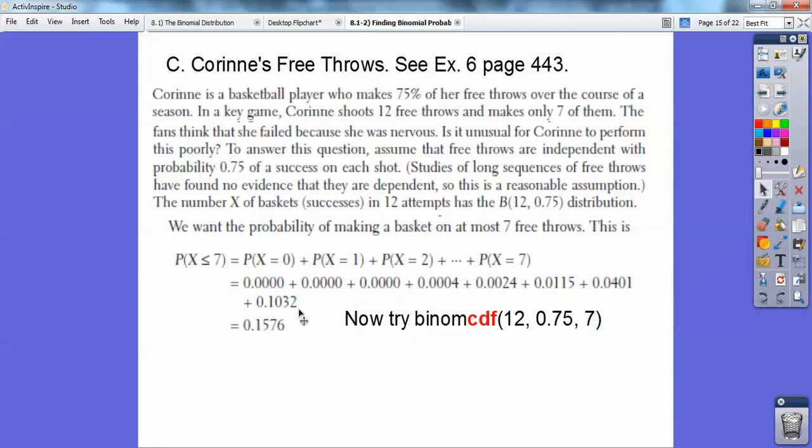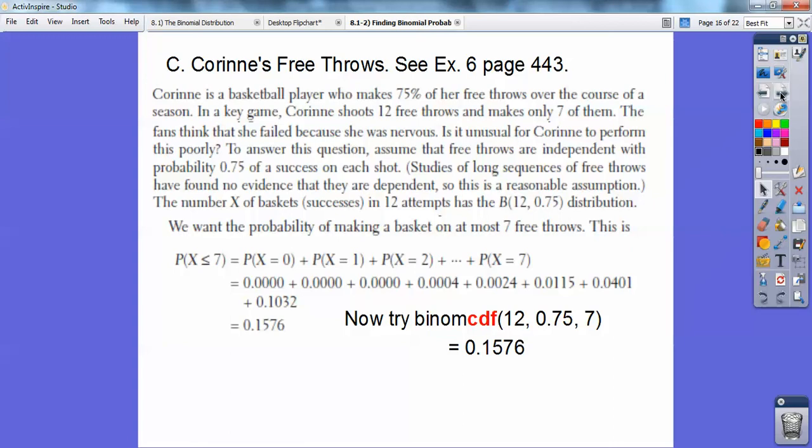There's another way. Instead of doing all of them and adding them together, this C stands for cumulative, which means you add them all up. PDF is just for each probability, but C means you cumulatively add them up. So punch in cumulative 12, 0.75, and then 7, which covers 7 or less: 7, 6, 5, 4, 3, 2, 1, 0.